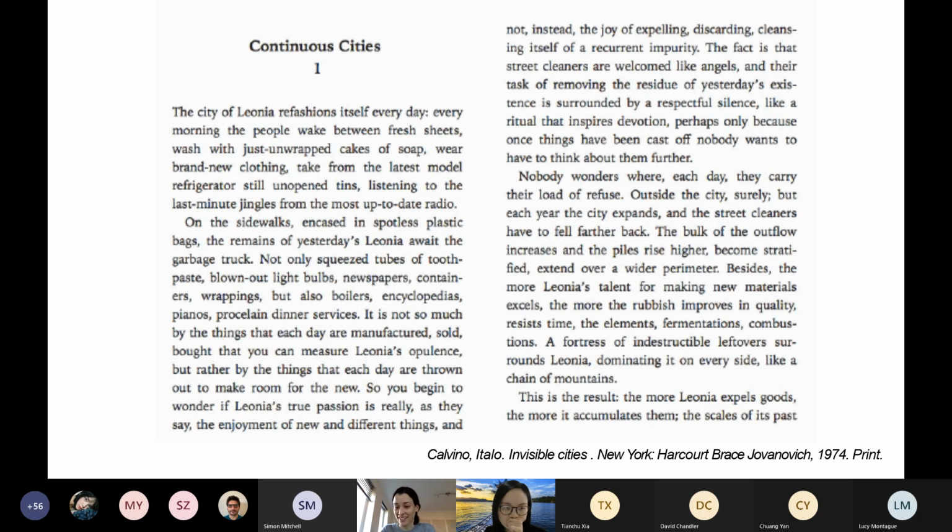They're based on existing cities, but it puts you in this position of trying to figure out what city Calvino is talking about here. He describes the city through the happenings, through the people, through the daily interactions that happen in those cities. So take this book and have a look at how he writes, how he describes things.